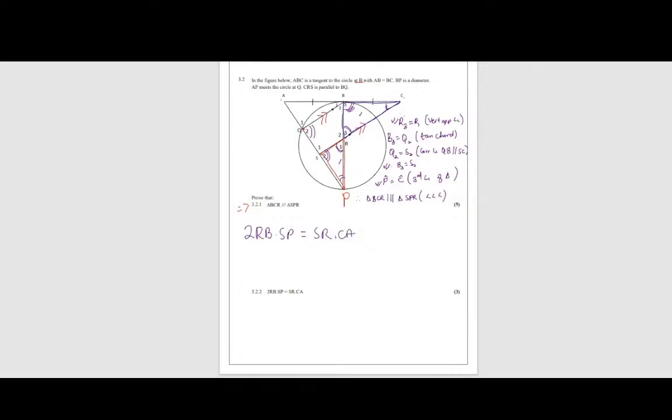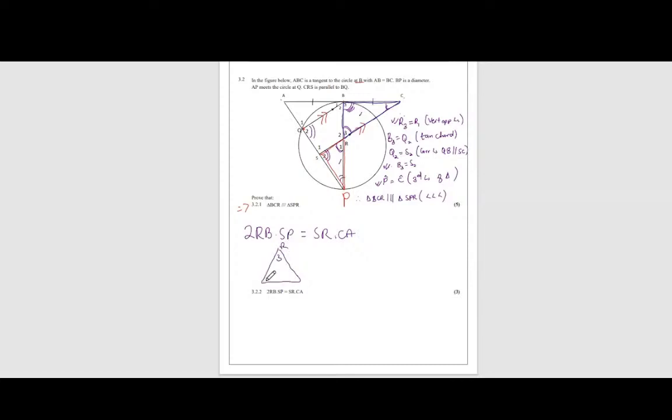So from what we have identified in the first question, we can say that if we get a BC, we divide it by SP. Remember, these triangles are more or less the same. So if I were to draw just the sketches of them, this is R3.